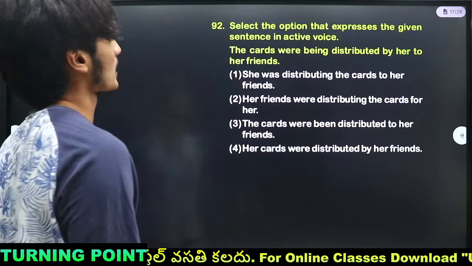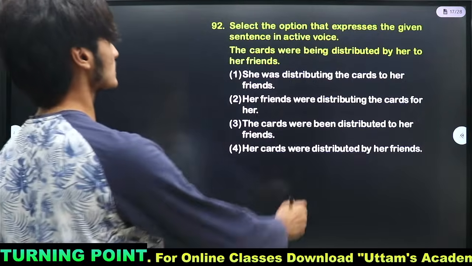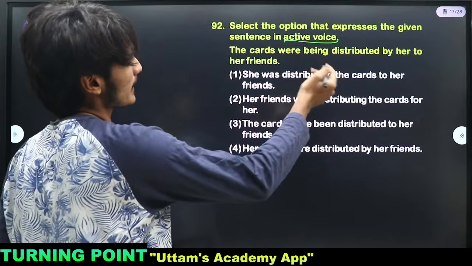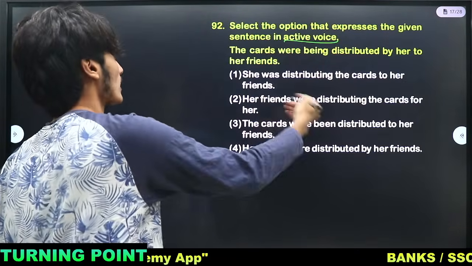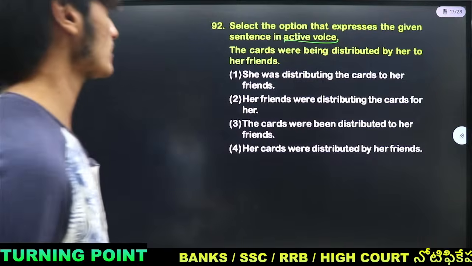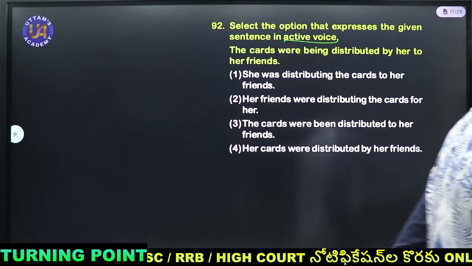Then select the option that expresses the given sentence in active voice. The cards were being distributed by her to her friends. The cards were being distributed by her to her friends in active voice is called as.